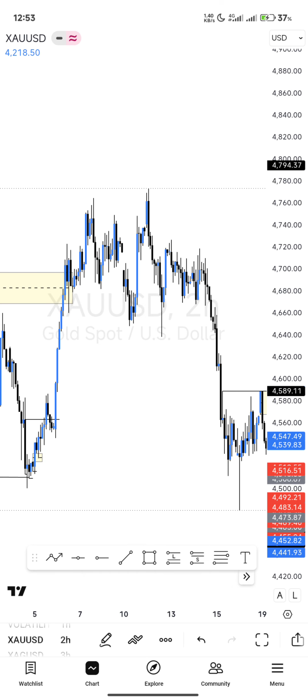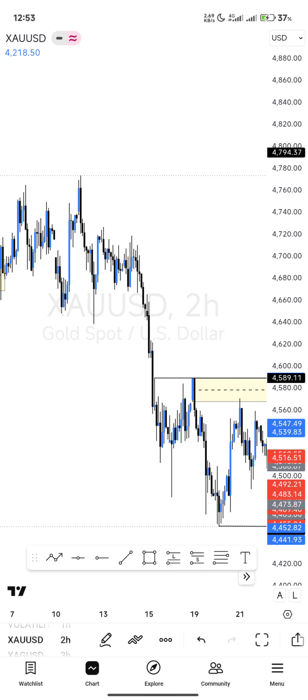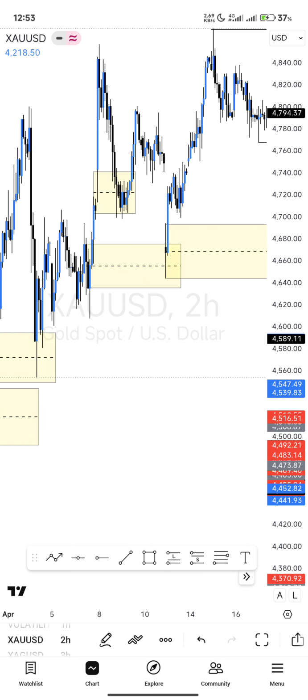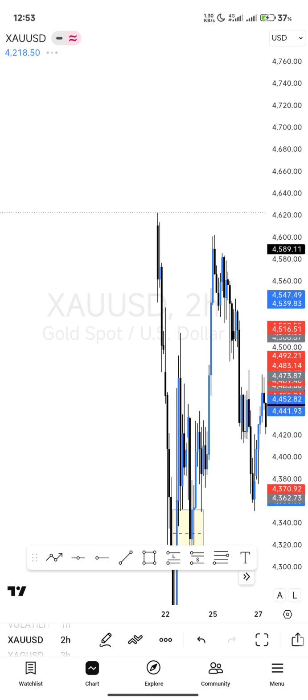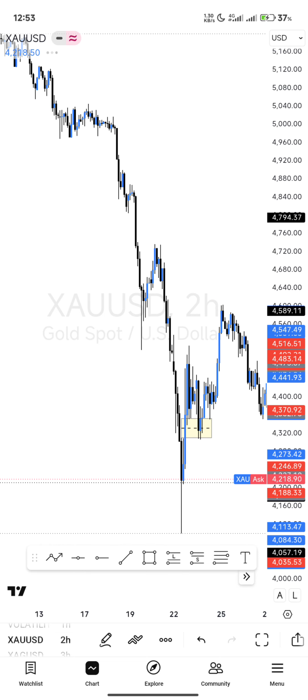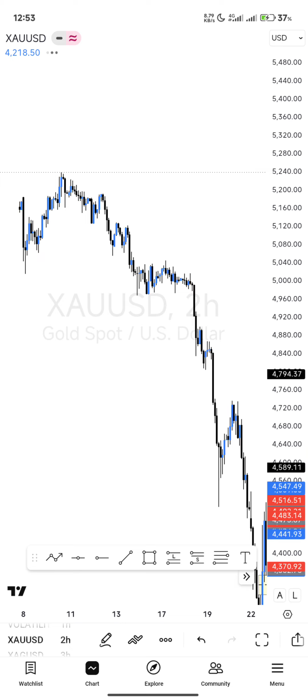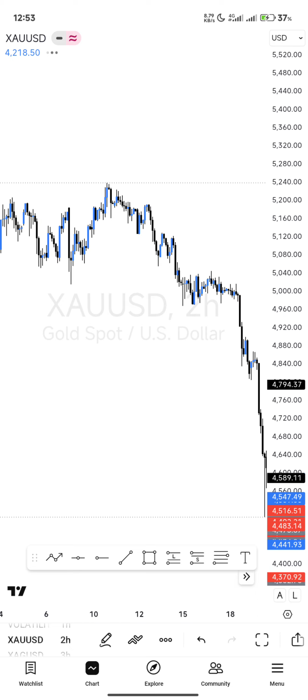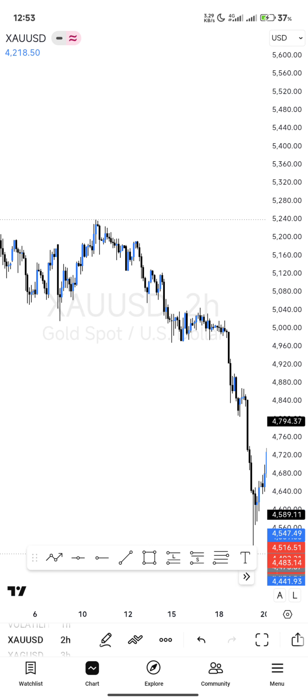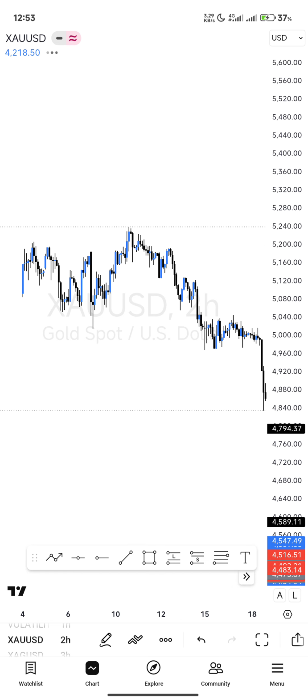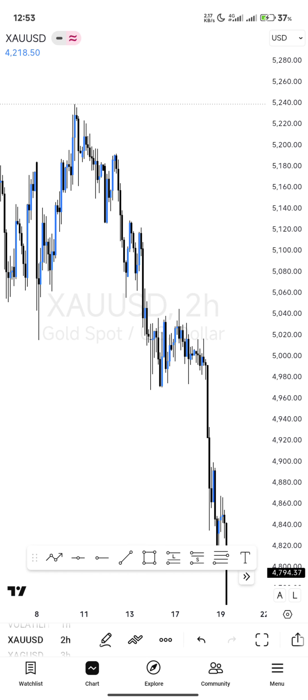All right, let's look at another example of a bearish order block. Let's see, if we go down to the left hand side, okay, so this is an example of a bearish order block.